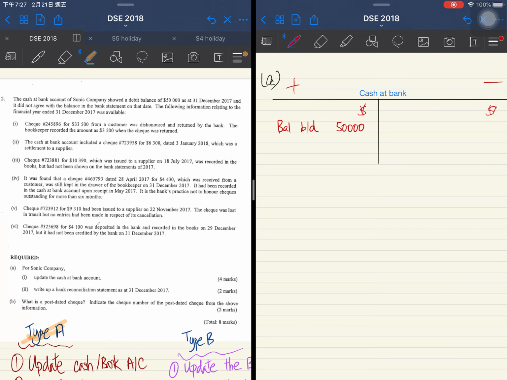You have to think about the story of why the check is dishonored. We received a check from a customer, that is 33,500. When we receive the check, our cash at bank account increases. However, the check was dishonored and returned by the bank. That means the bank returned the check to us. So what should we do?